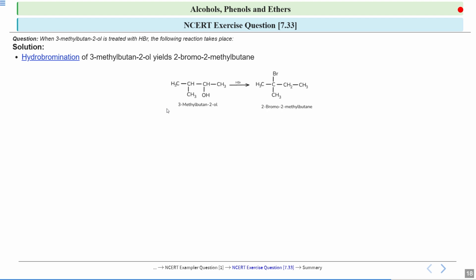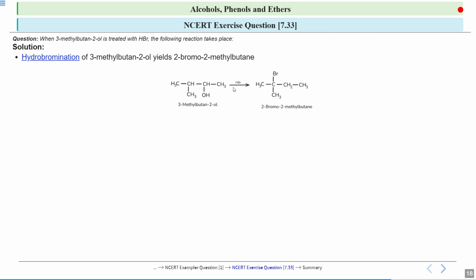So this was our initial reactant, 3-methyl butane 2-ol. At the third carbon, your methyl group is attached, and on the second carbon, your OH group is attached. And hydrobromination is happening, and you can see that at the second carbon, your bromine is getting attached. Okay, and the methyl is also on this second carbon, because naming is from 1, 2, 3, 4.